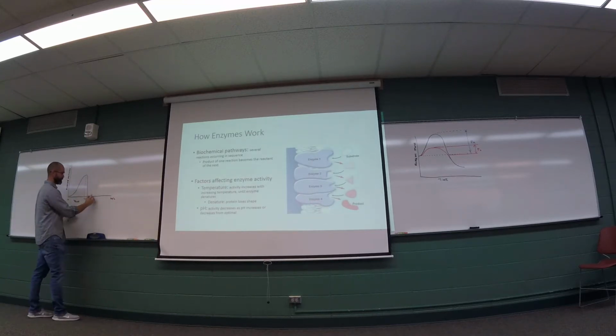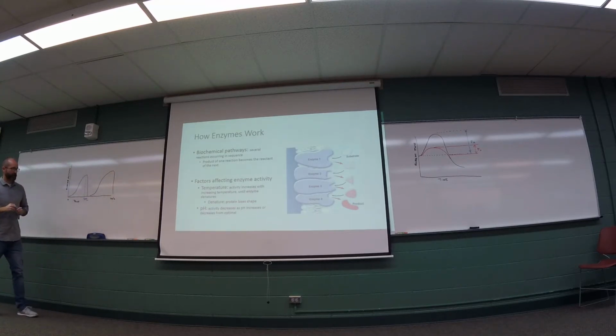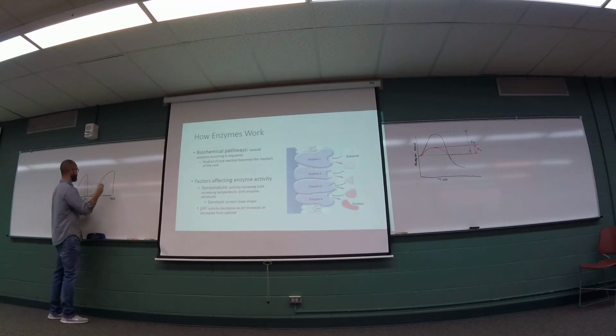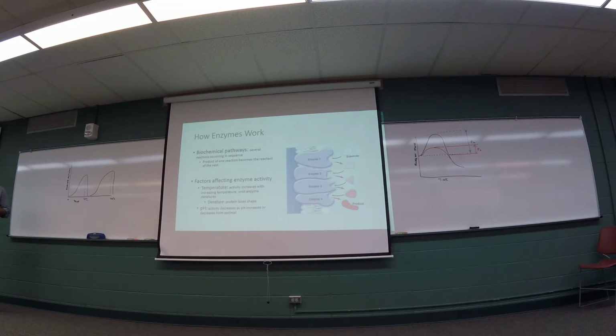There are some organisms that have an optimal temperature that looks like that, that approaches 100 degrees Celsius. And these are a group of organisms that we talked a little bit about in chapter 1. They are the Archaea, or extremophilic bacteria type organisms.